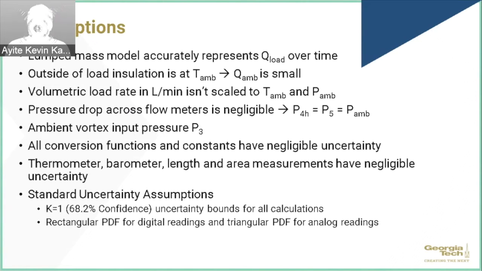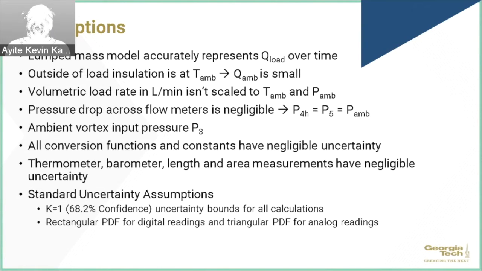The outside of the load insulation is at ambient temperature, which implies the heat transfer at ambient temperature is small. The volumetric flow rate isn't scaled to the ambient temperature and the ambient pressure. The pressure drop across the flow meters is negligible.